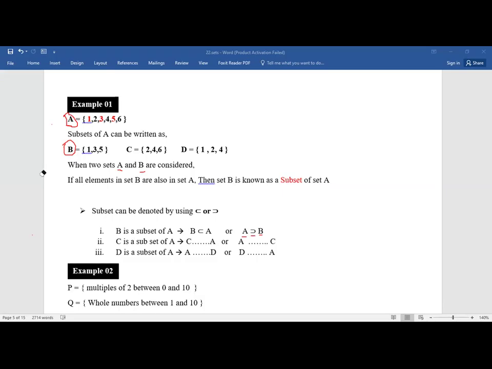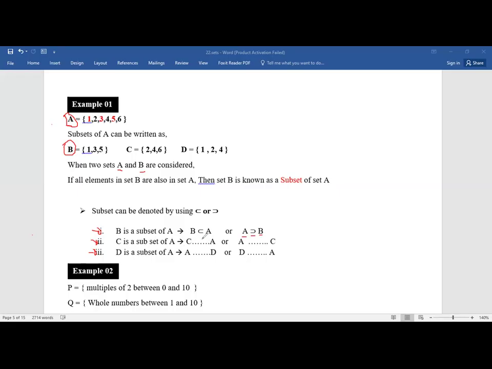Please write down this one, and then write down this and complete. Then write down this one and complete. Hope you have finished writing. C is a subset of A. So how do you write?